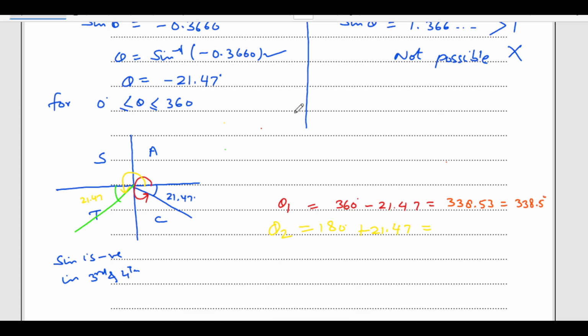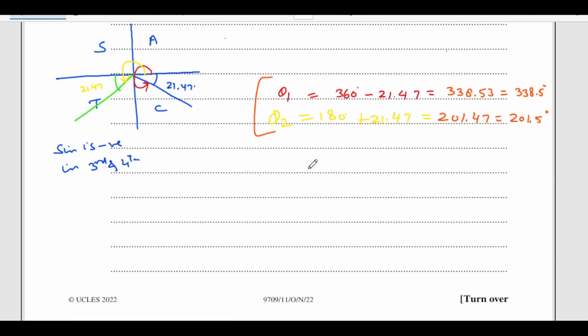And the other one is 180 plus 21.47, which is 201.47, equal to 201.5 degrees. So these are the two angles that we have between 0 and 360 degrees, right?